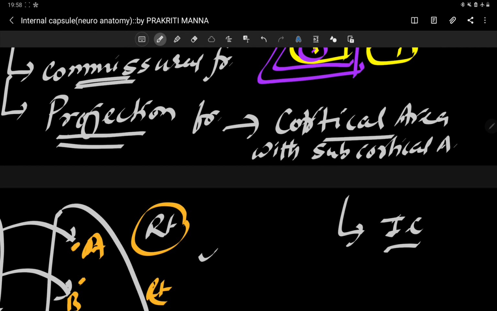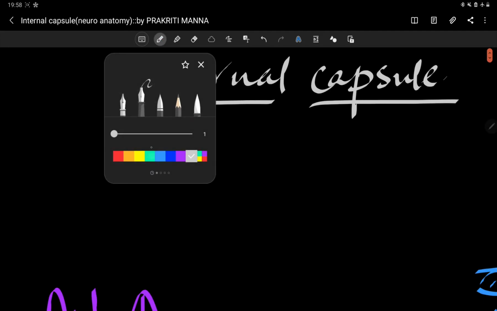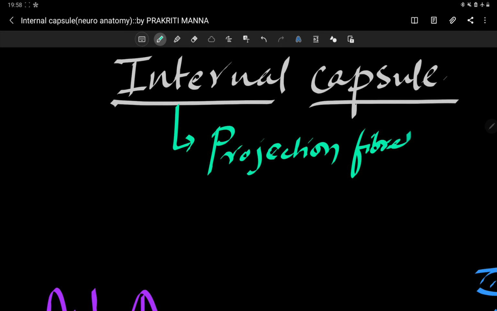So the first point I am writing about the internal capsule is that it is made of projection fibers. That means the internal capsule connects the cortical area with the subcortical area. Now what is the location of the internal capsule?